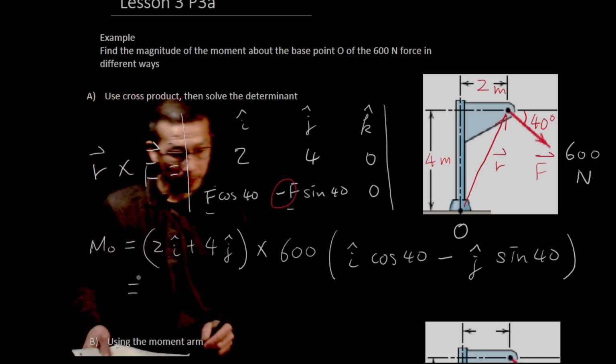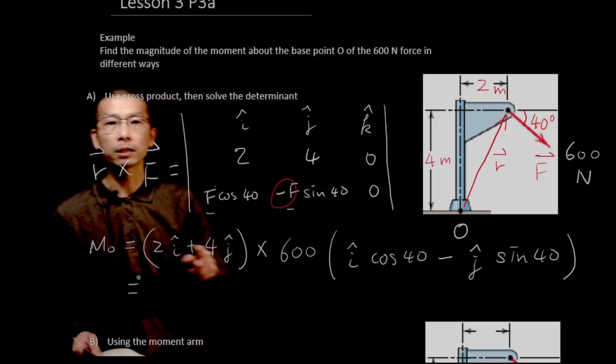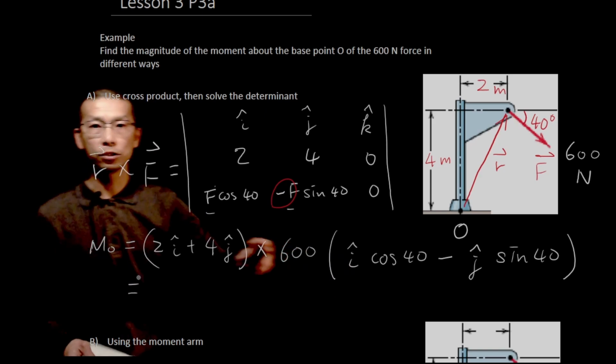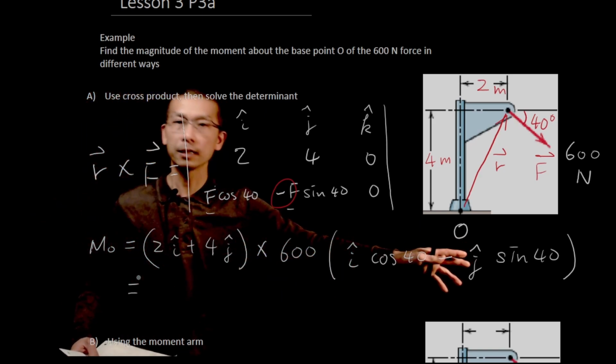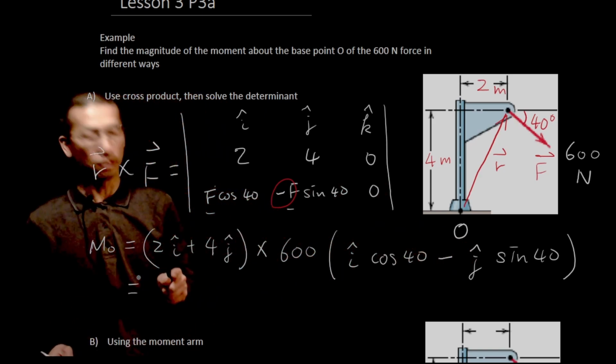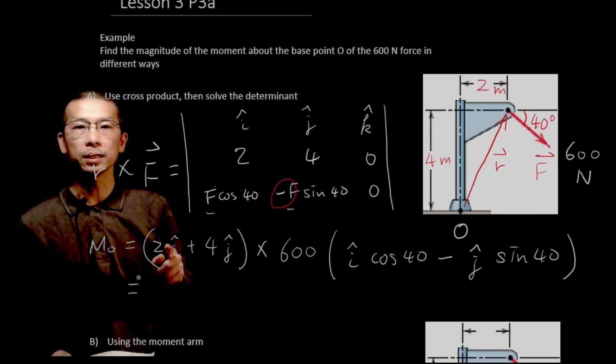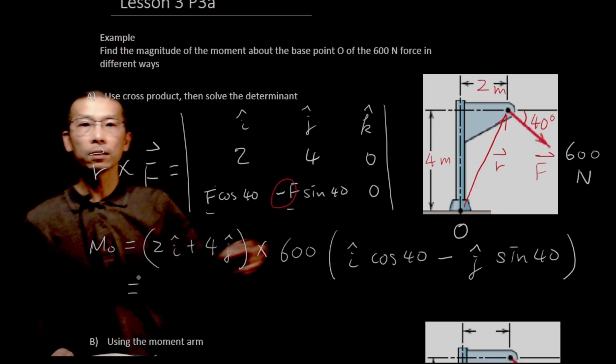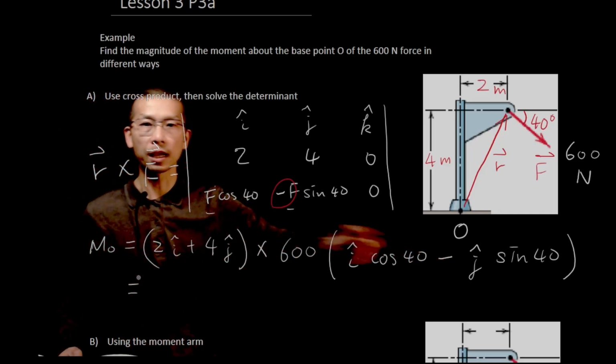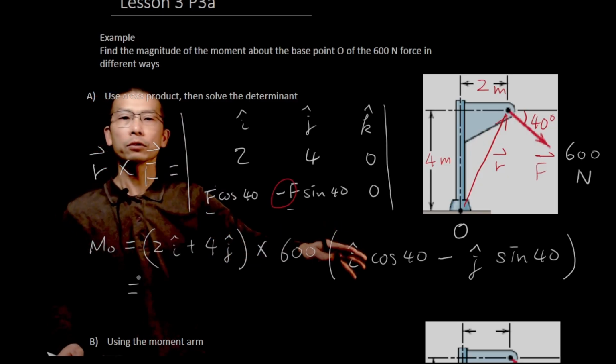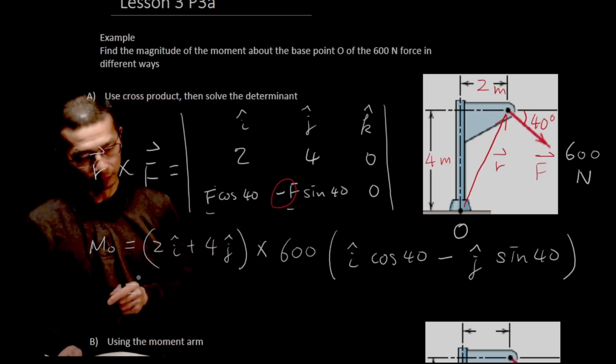Now let's look. I cross I is 0. J cross J is 0. So the only terms we have will be 2I cross the J terms and the J cross the I terms.